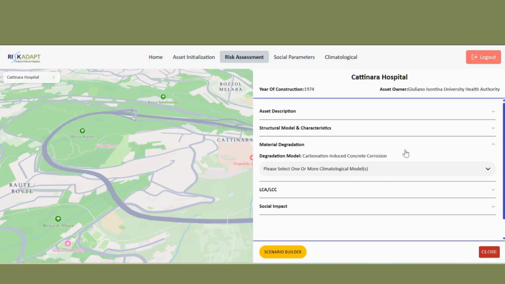For these structures, as we said, it is concrete and it is close to an urban area. So based on literature, the most important deterioration mechanism is the carbonation-induced concrete corrosion.